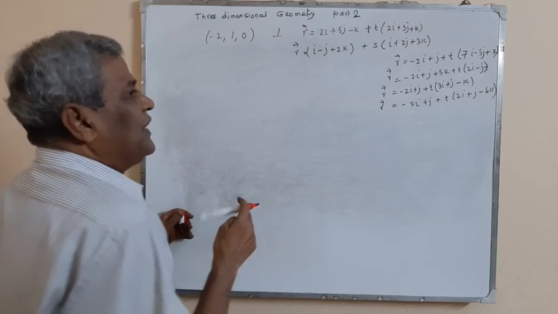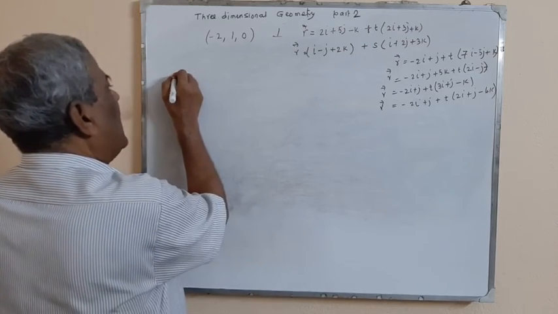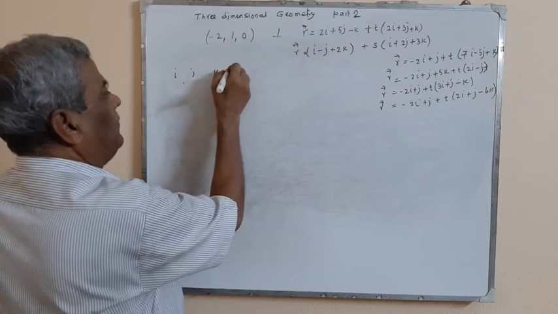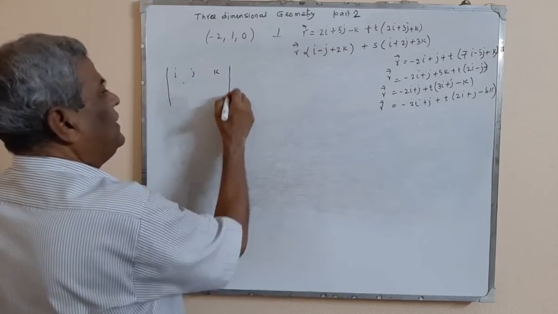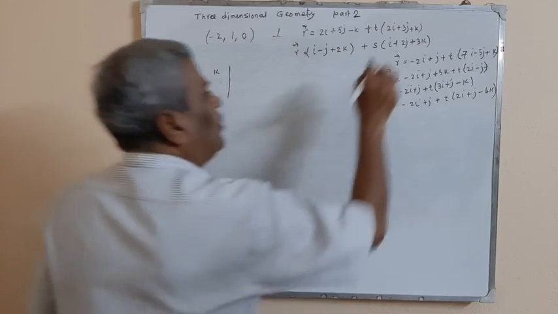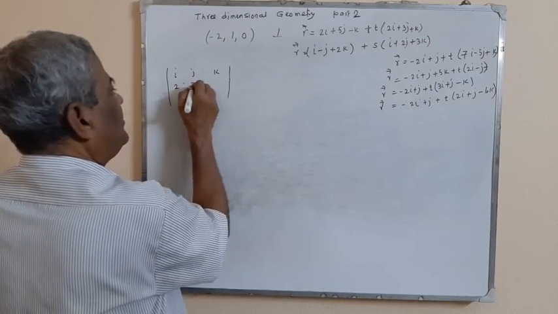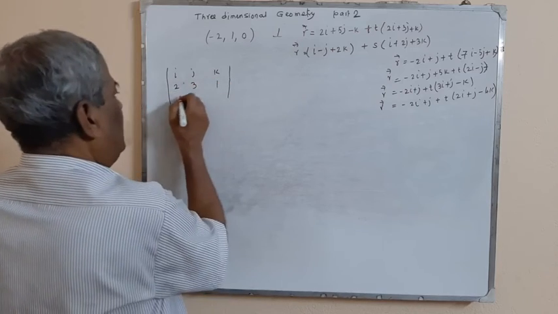The required straight line will be perpendicular to both the vectors, and that is the cross product of this and that, which is equal to the determinant of i, j, k; 2, 3, 1; 1, 2, 3.